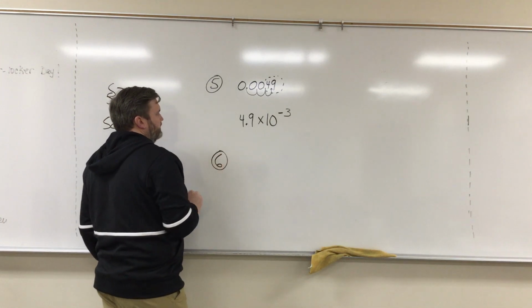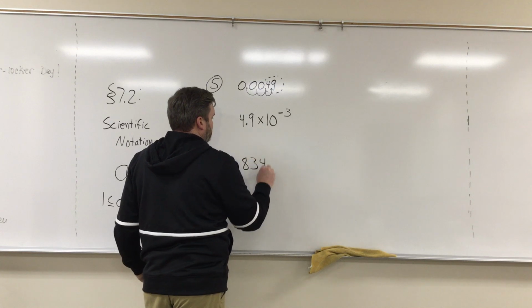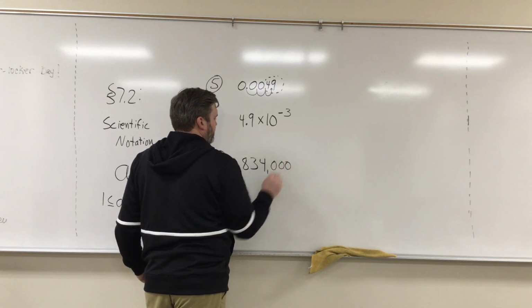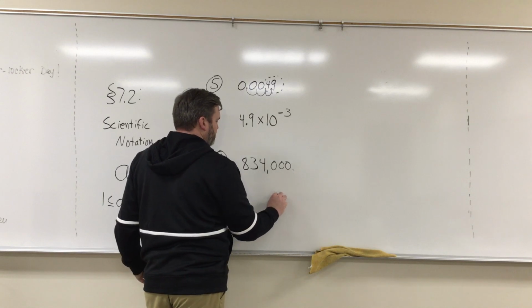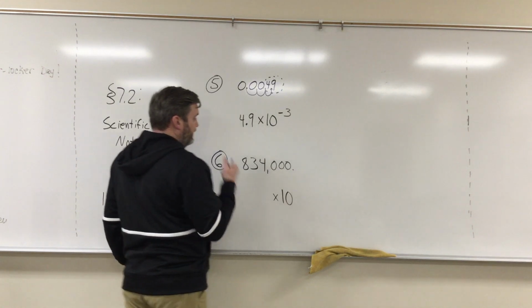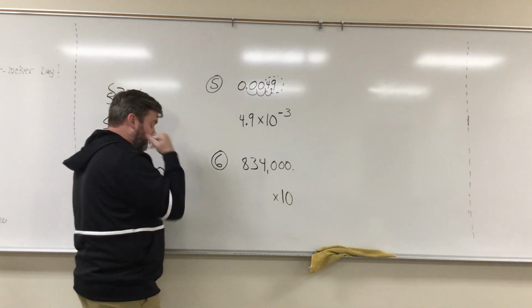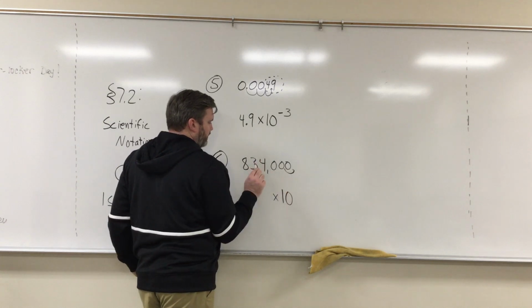All right, number 6. If I have 834,000. Okay, my decimal is currently here. That's bigger than 1. So it's going to be times 10 to a positive number. And then I have to move until I'm between 1 and 10. So if I move it here, I'm at 83,400.